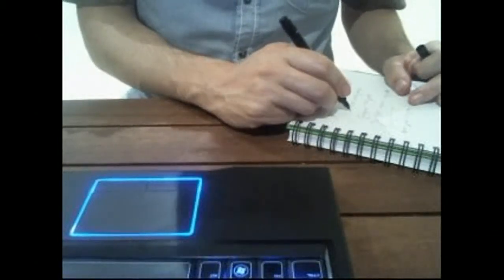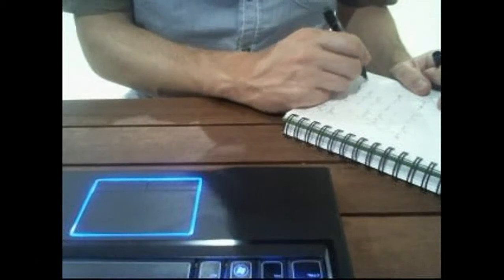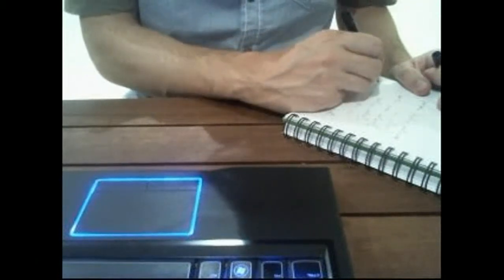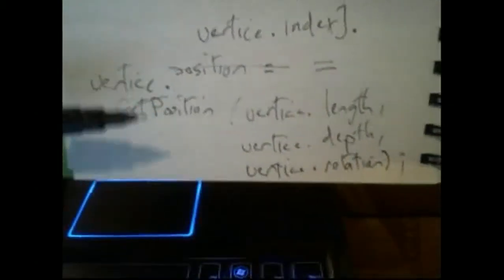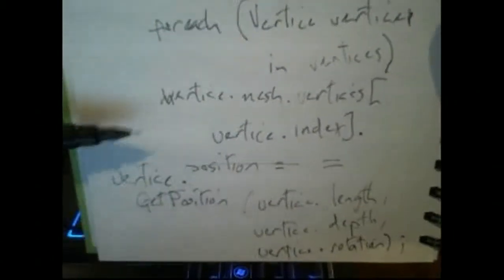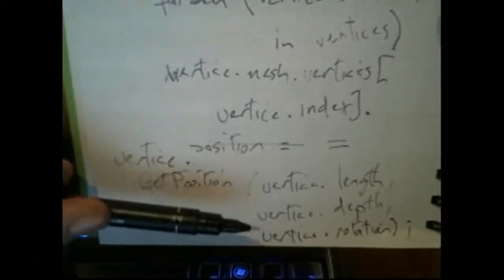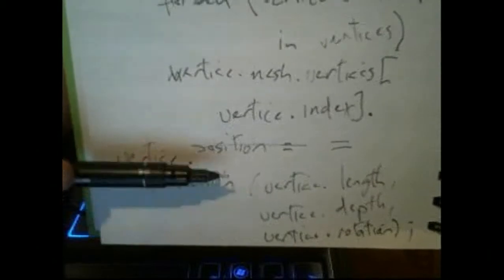Let me just now, equals, what was the function called? Equals vertice.position, there we go. Equals vertice.position, and I pass in all the parameters.